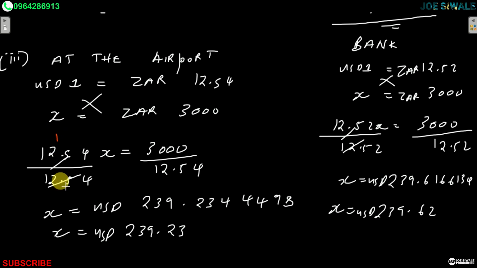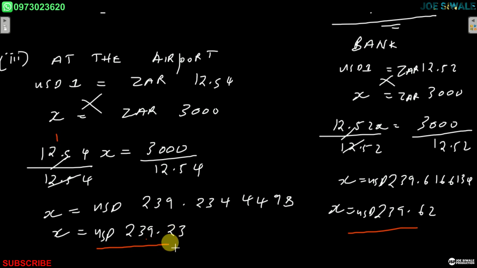So there we are going to compare our 2 answers. We are going to compare 239.23 United States dollars and 239.62 United States dollars. And there we find that 239.62 United States dollars is larger than 239.23 United States dollars.